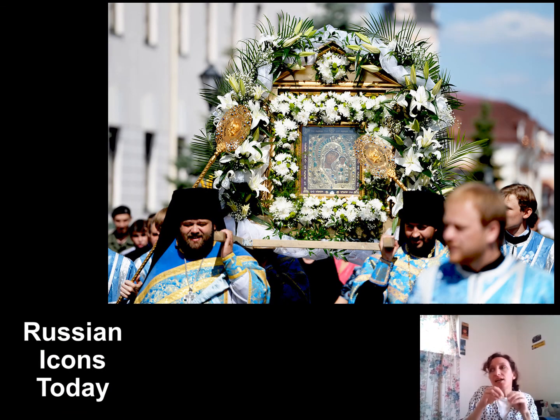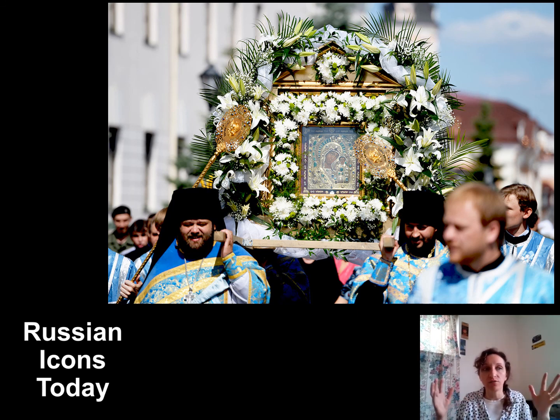So today in Russia, these are used in festivals. I'm going to use that word lightly. They obviously coincide with certain religious holidays. I know that Easter is one of them, and these icons are actually taken out and paraded around.